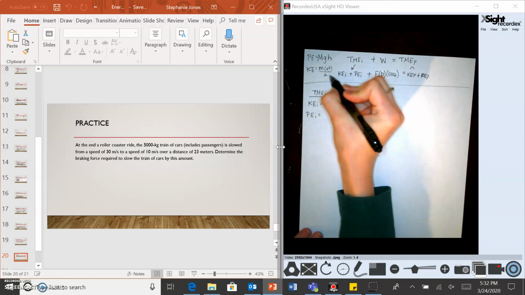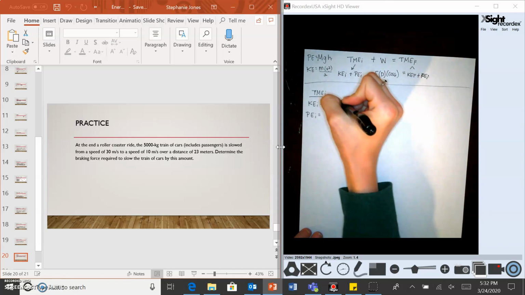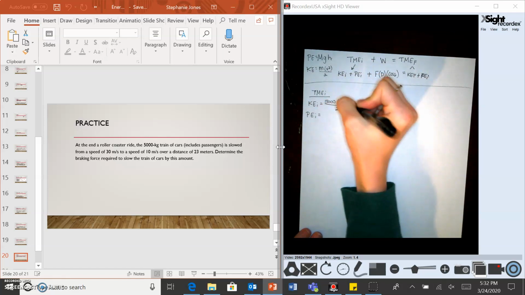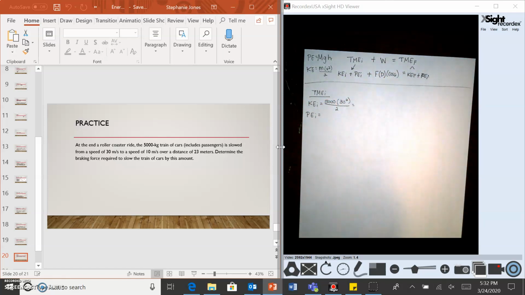So again, we're going to be looking at our kinetic energy formula to fill this in. The velocity initially was 30, and we're going to divide that by 2. So we're going to plug that into the calculator to get our initial kinetic energy. So 30 squared times 5,000 divided by 2.